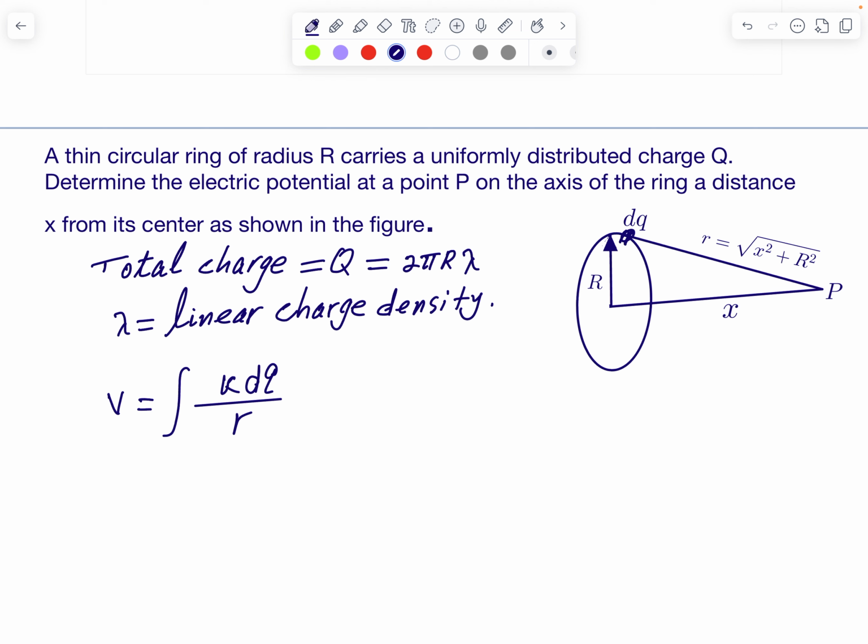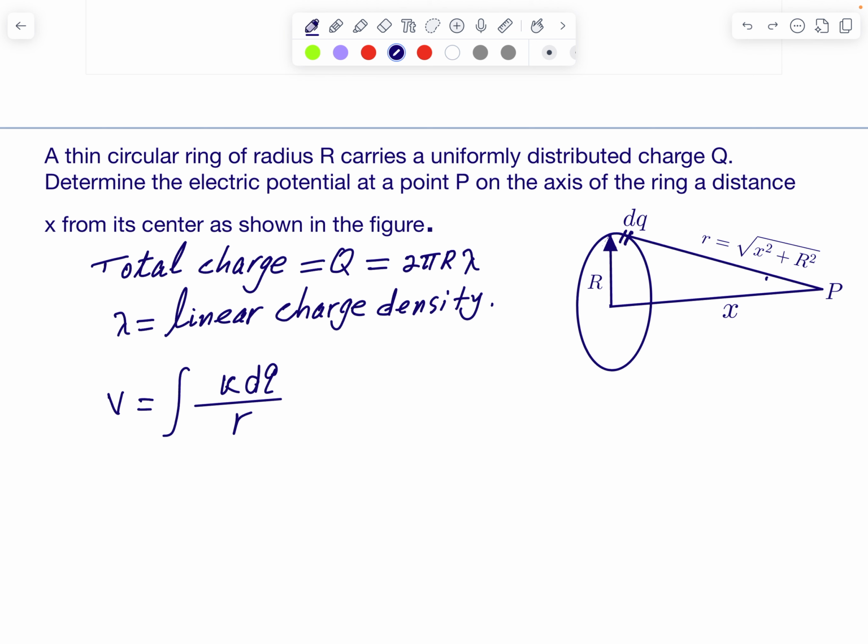If we pick a point on the ring, then we connect this point to point P. This is going to be our R. So this R is the hypotenuse of this triangle.